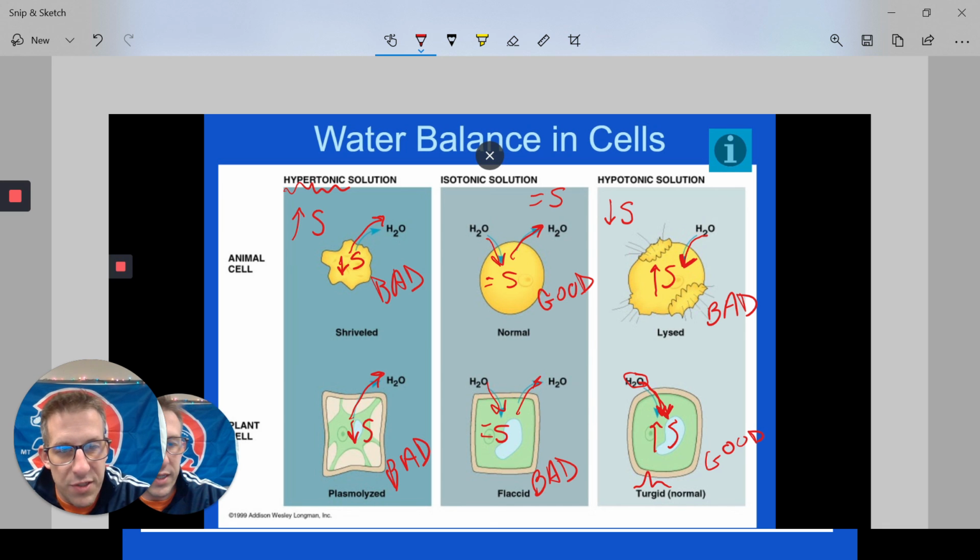This is that turgid state that we showed in the previous slide. I like to show this because of the dual nature of what animals and plants like in terms of how much water their cells will take in, and what kind of solutions are good to give these animals, or plants in some cases.